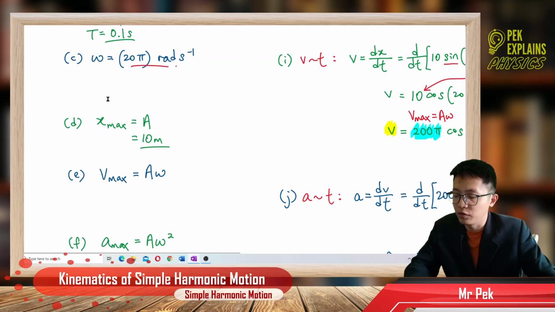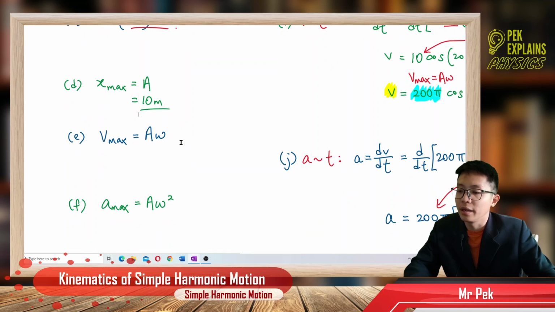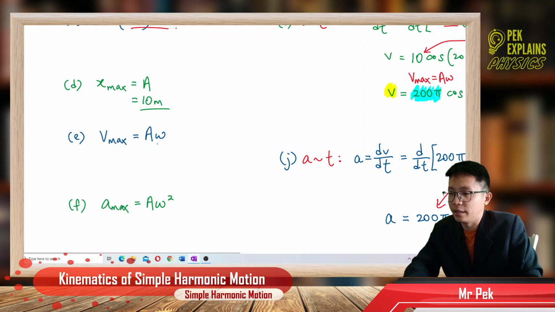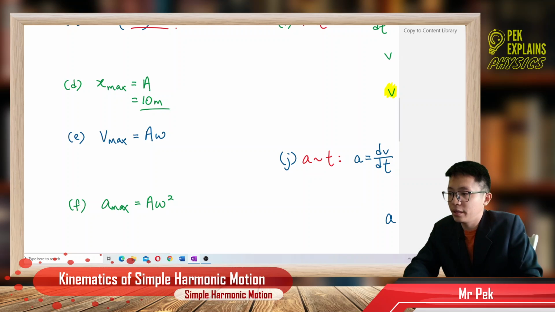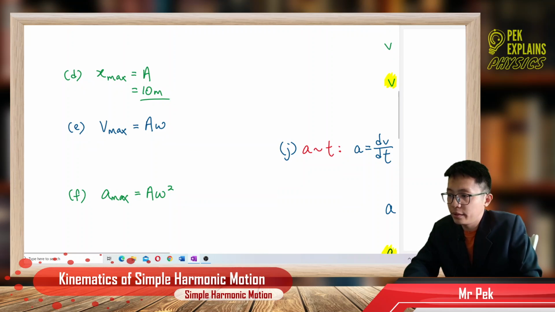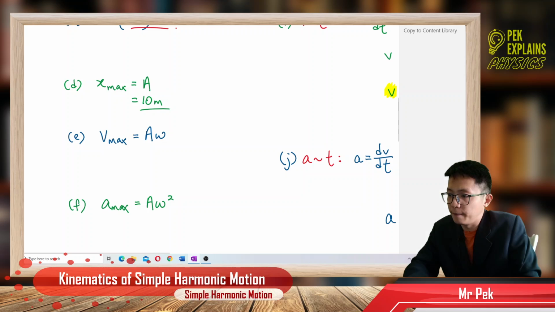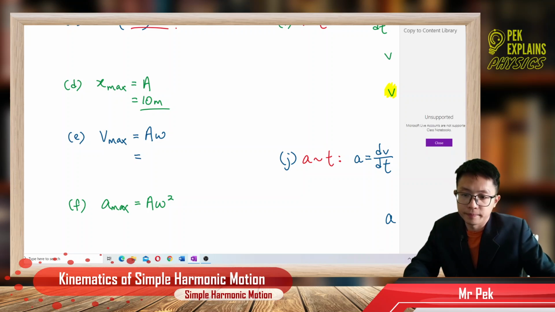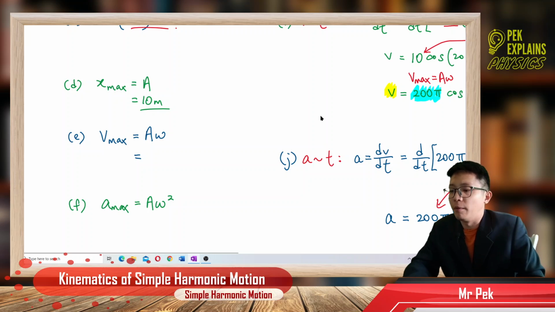Now, what's the maximum velocity? Very simple. The formula for maximum velocity is A omega. Maximum velocity is amplitude times omega.